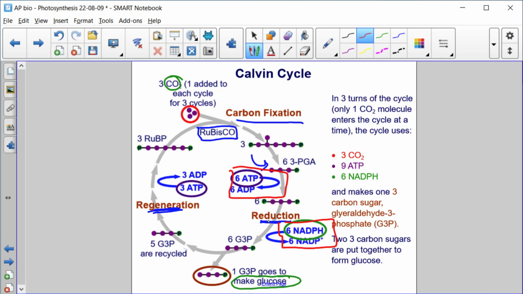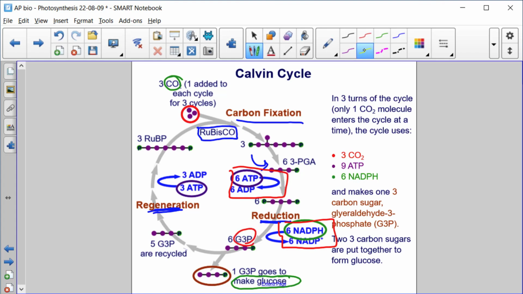These ATP and NADPH supply the needed electrons and energy for carbon dioxide reduction. Electrons are added from NADPH, and through a series of reactions, this 3-PGA is reduced to form G3P, which is a carbohydrate.